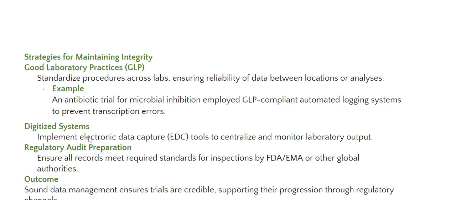Digitalized systems: implement EDC, electronic data capture tools, to centralize and monitor laboratory output. Regulatory audit preparation: ensure all records meet required standards for inspections by FDA, EMA or other global authorities. And the outcome here: sound data management ensures trials are credible, supporting their progression through regulatory channels.